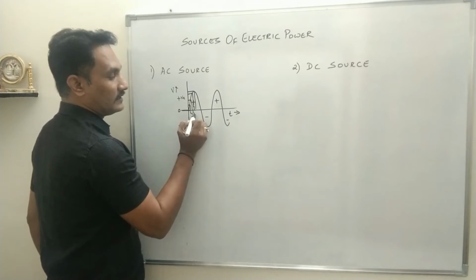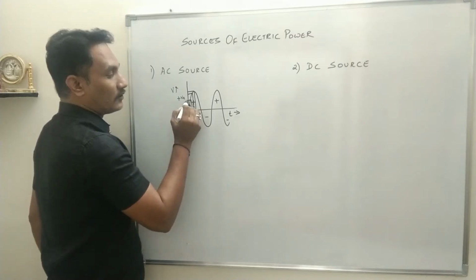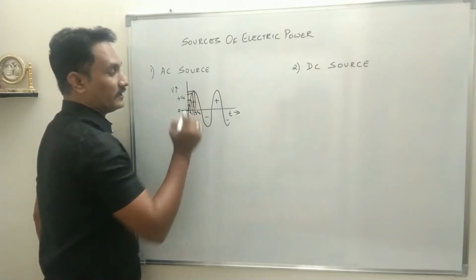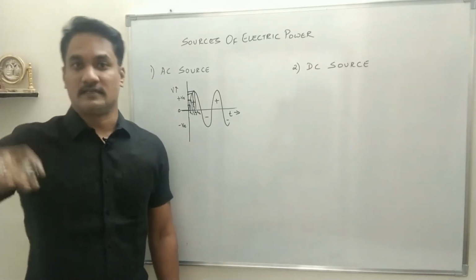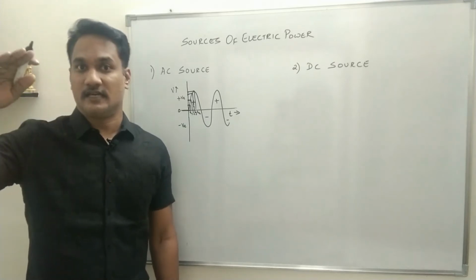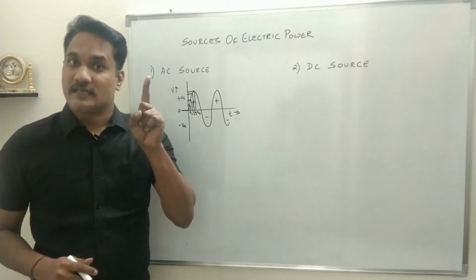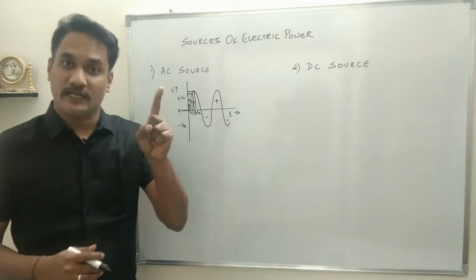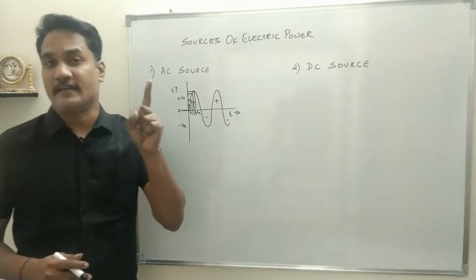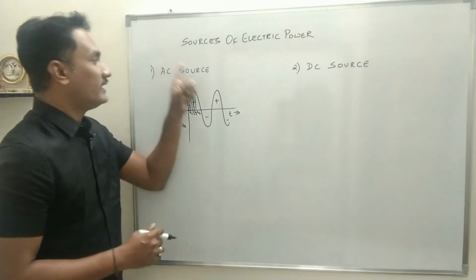At T1, at T2, at T3, at T4, with respect to time the amplitude is also varying. Of course, there will be crest and trough. It will keep on increasing, then decrease, again increase in the negative direction, decrease in the negative direction. It will keep on happening. So the two things are there: the amplitude is continuously varying with time, as well as the polarity of the signal changes with respect to time. So this is all about the AC source.